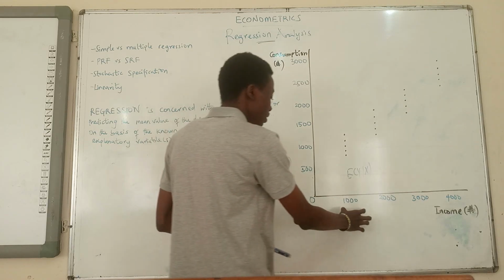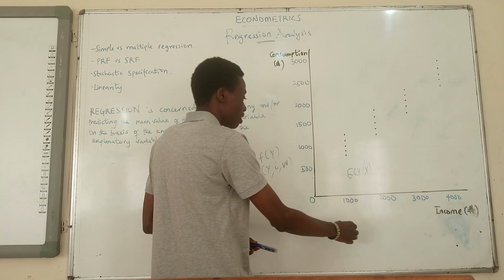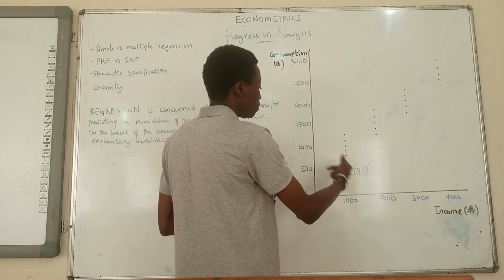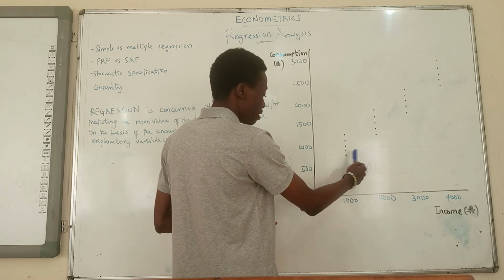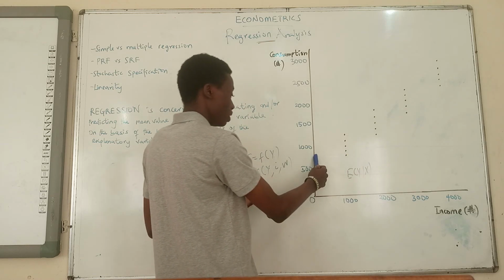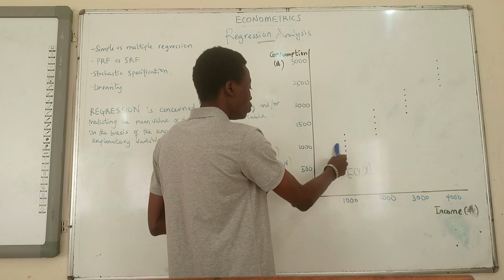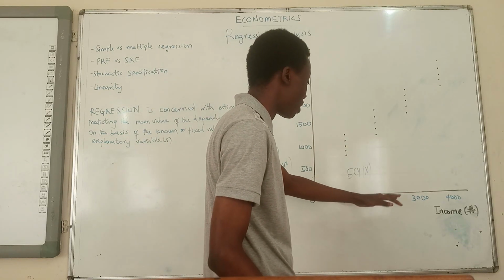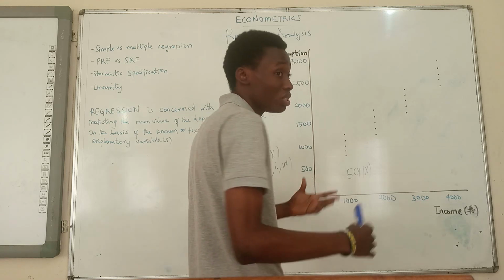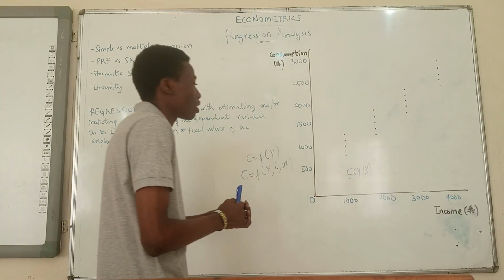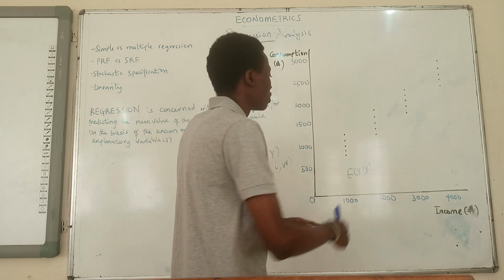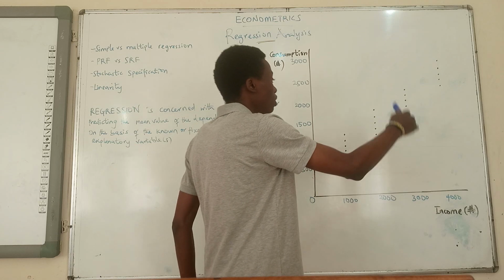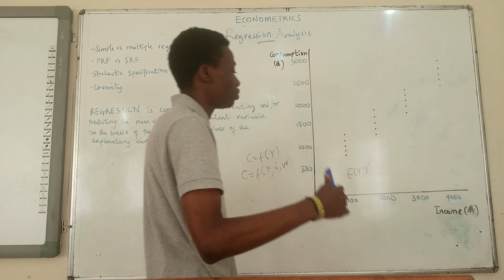For those families earning 1,000 naira, we can see what is spent on consumption. This family here is spending below 1,000 naira. The family in the middle is spending about 1,000 naira. Some are spending above. Those earning 2,000 naira, say weekly income, we have the distribution of their consumption, and same for those earning 3,000 and those earning 4,000.